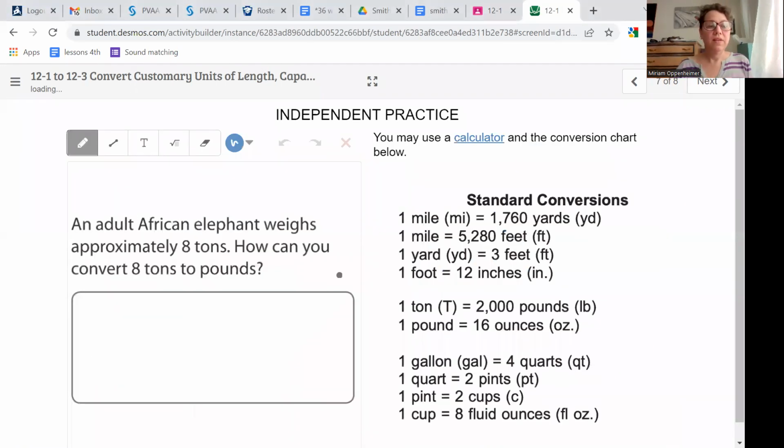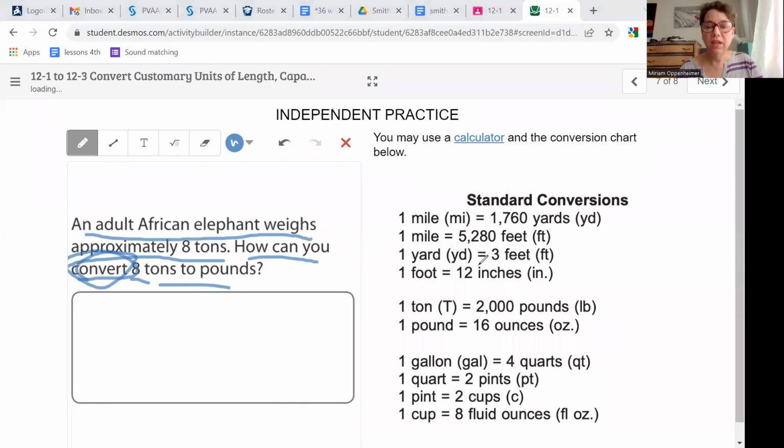And here we have extra work for you. It's a little bit difficult. An adult African elephant weighs approximately 8 tons. How can you convert, you see the word convert again, 8 tons to pounds? And then I'm going to come over here to the other side.